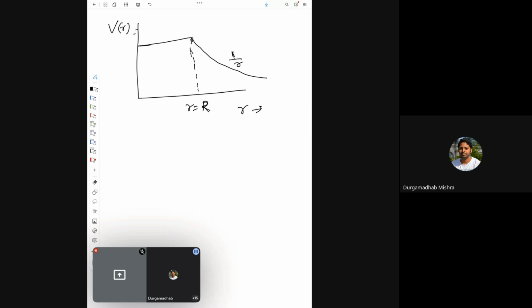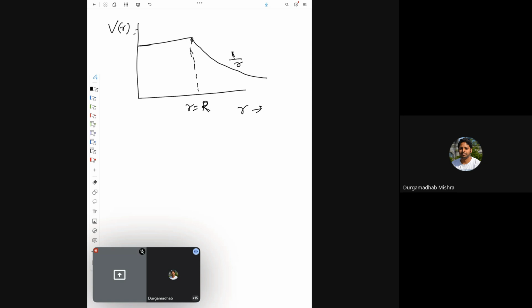Okay, so exactly the same way you can do it for a sphere that has a volume charge distribution rho. You can use the same trick that we have used, but the only thing that will change is that inside the sphere, the electric field will not be zero anymore.